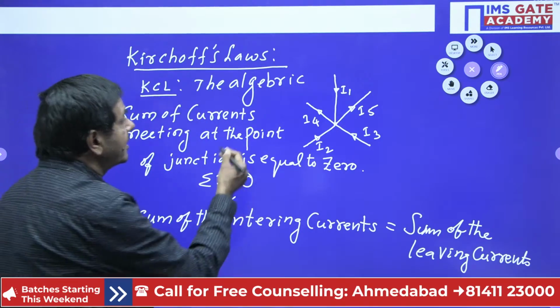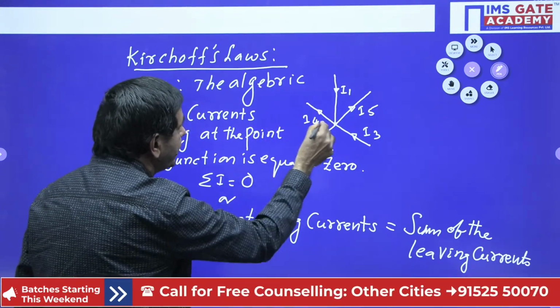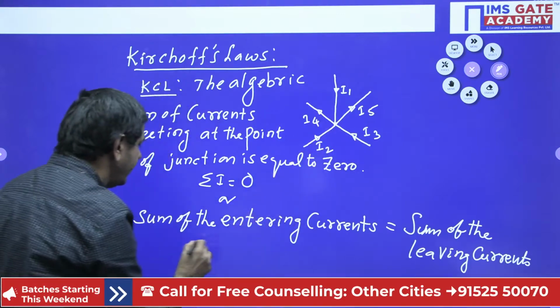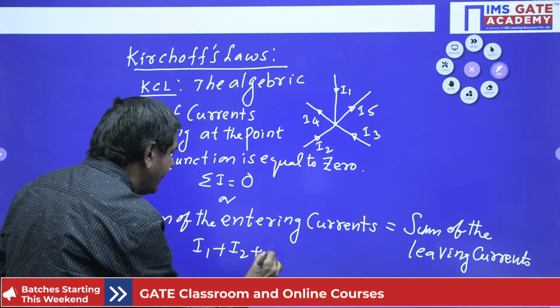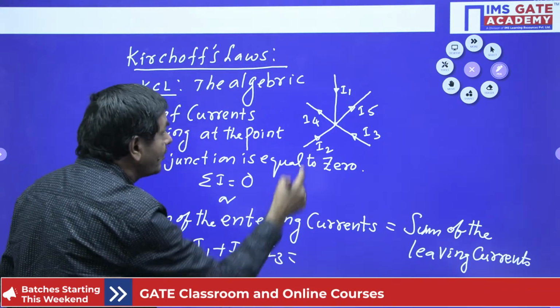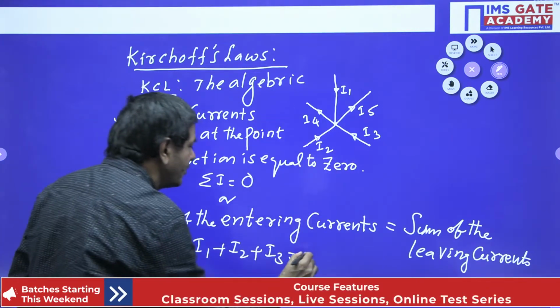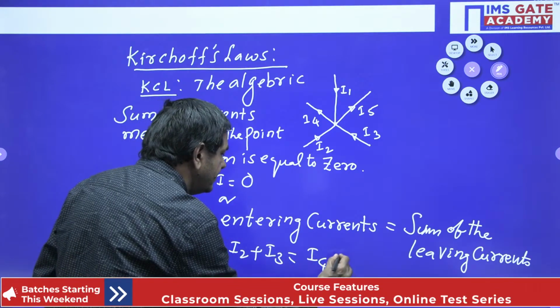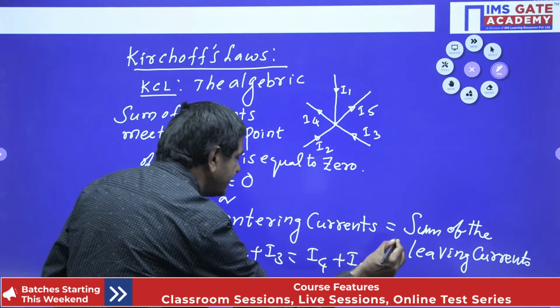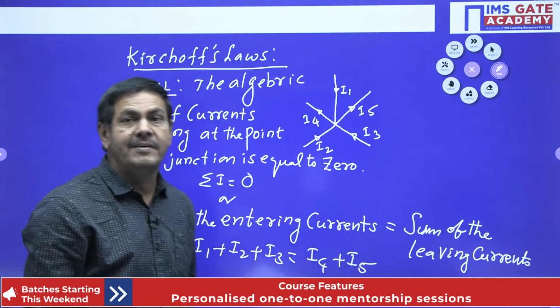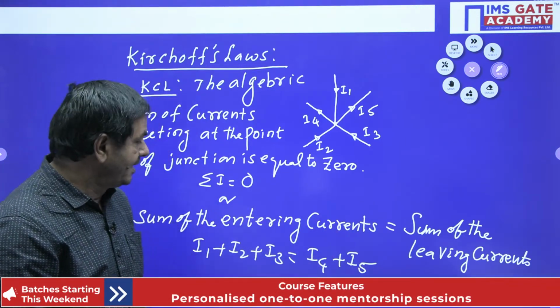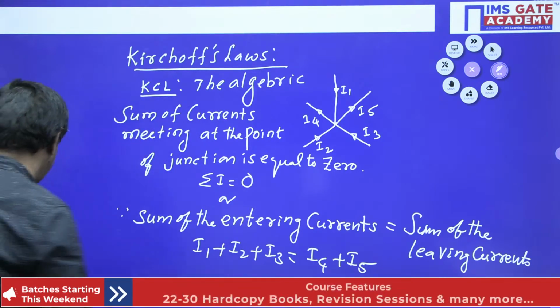What are the currents entering towards the node here? I1, I2, I3. I can write I1 plus I2 plus I3 equal to I4 plus I5. So entering current equals leaving current. Understand now? Still this can be written in this way also.